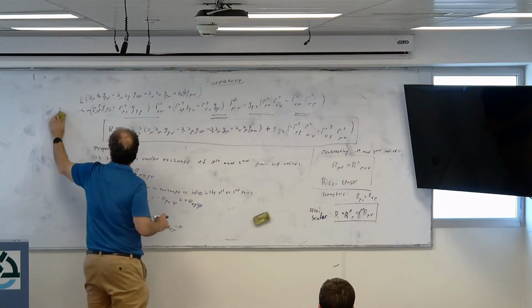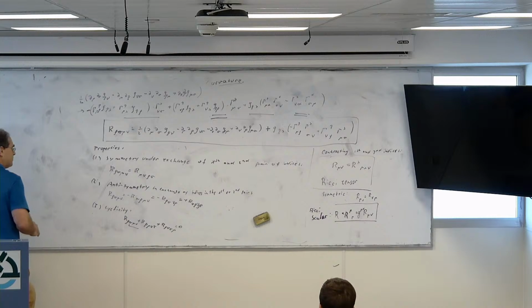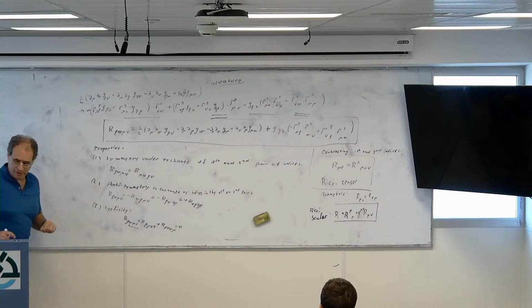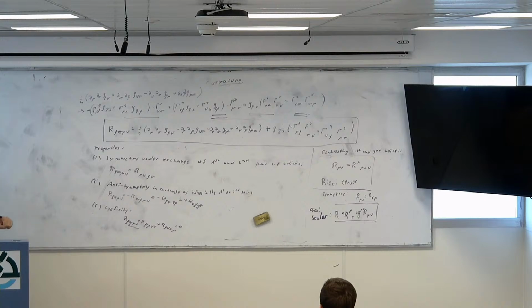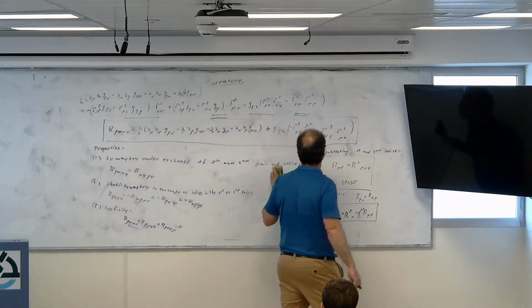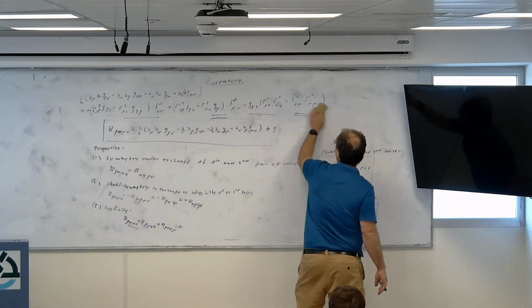Now, in the last few minutes that are left, after deriving these properties, I want to look at the number of independent components that the Riemann tensor really has in n-dimensional space. So let's look at that.